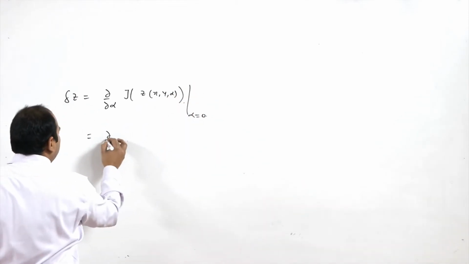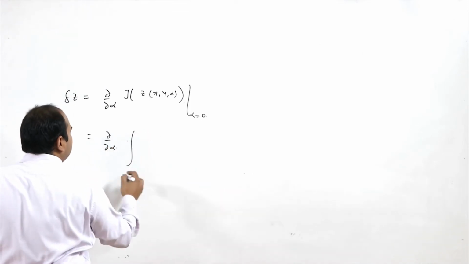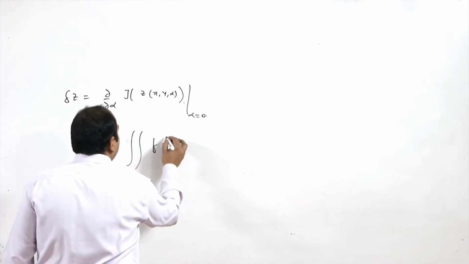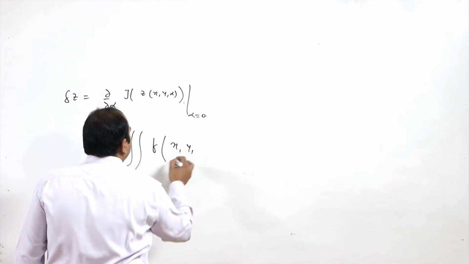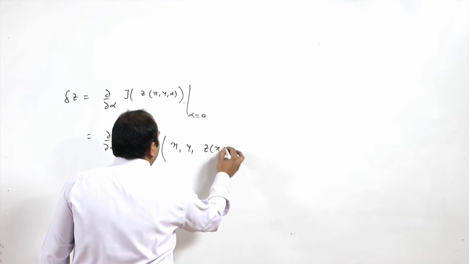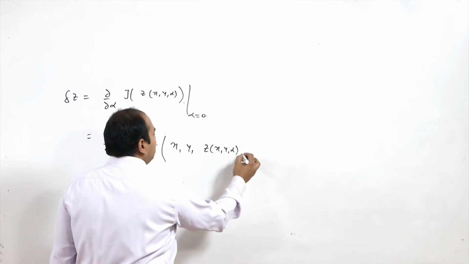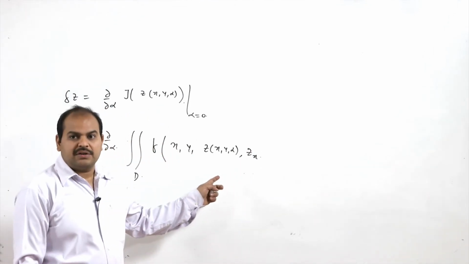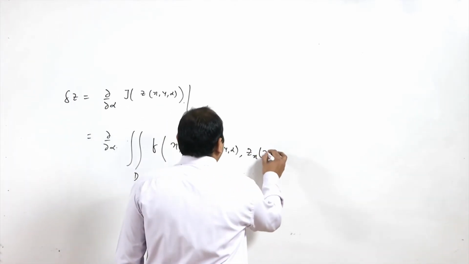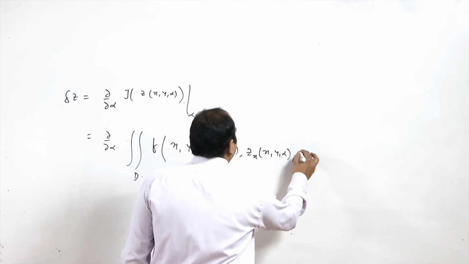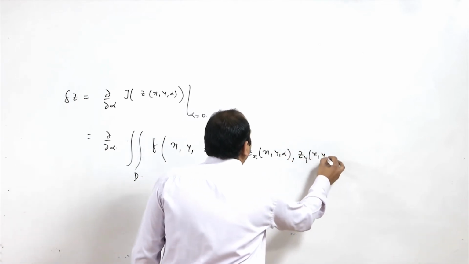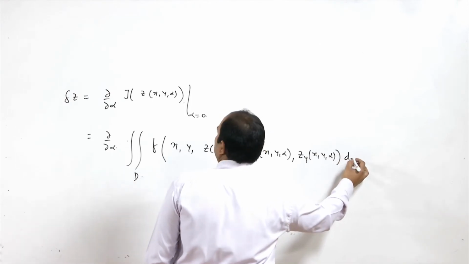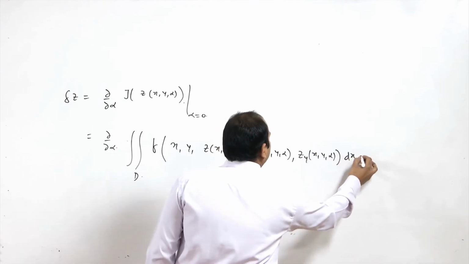So here you can write it as ∂/∂α of the double integral of f(x, y, z(x,y,α), z_x(x,y,α), z_y(x,y,α)), and this integral is with respect to dx and dy.